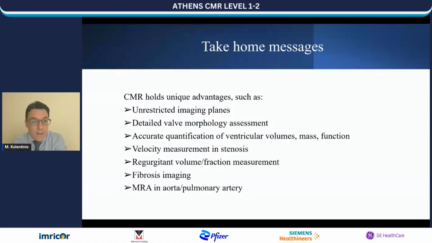Let's keep in mind that it remains a gold standard for that. Velocity measurement for stenosis, although I would argue that a good echo exam is superior to CMR. Regurgitation volume and fraction measurement, very accurate. Fibrosis imaging, very important in showing future adverse outcome. And of course, we can perform MRA in the aorta and pulmonary artery when we have dilatation.